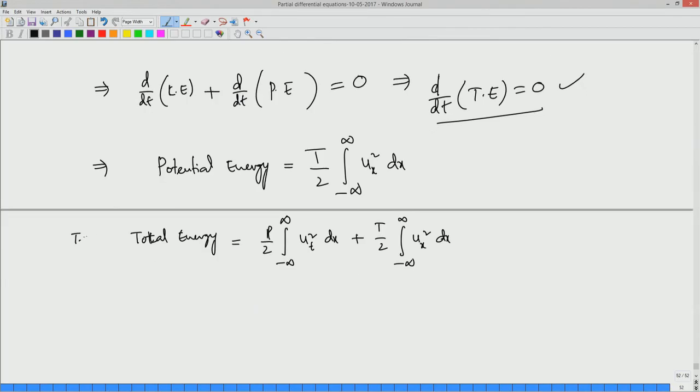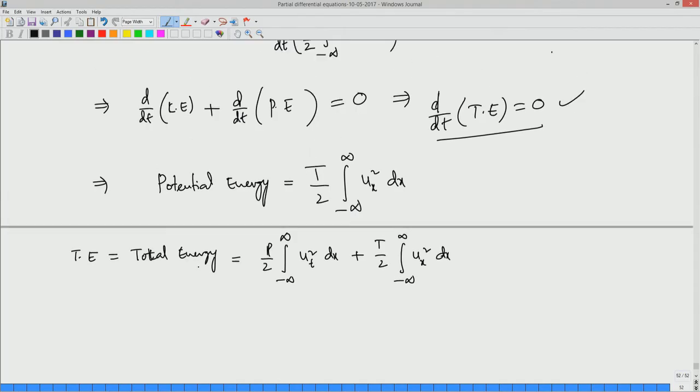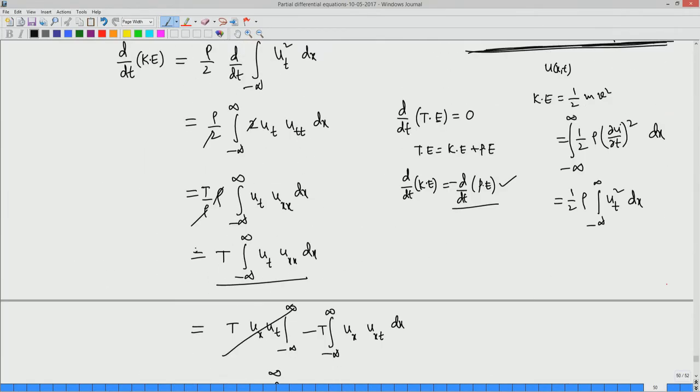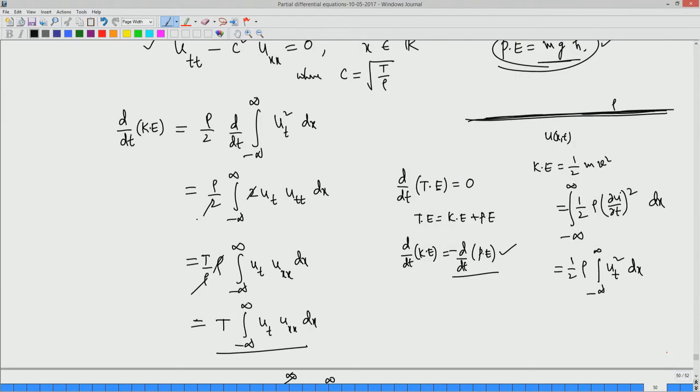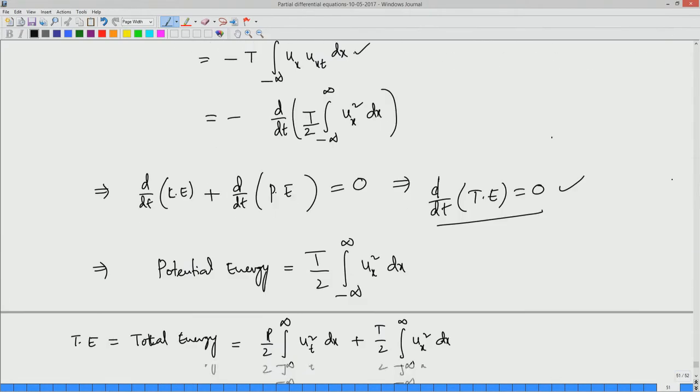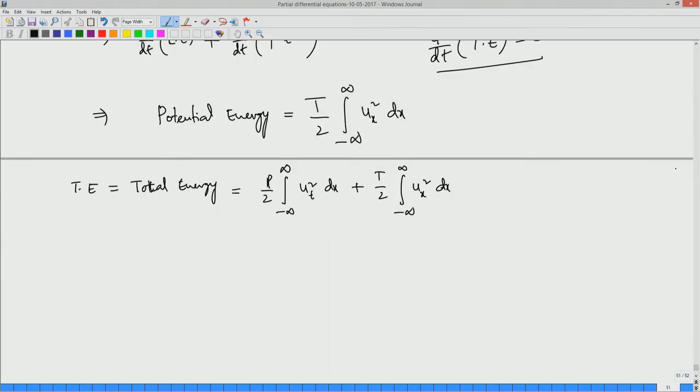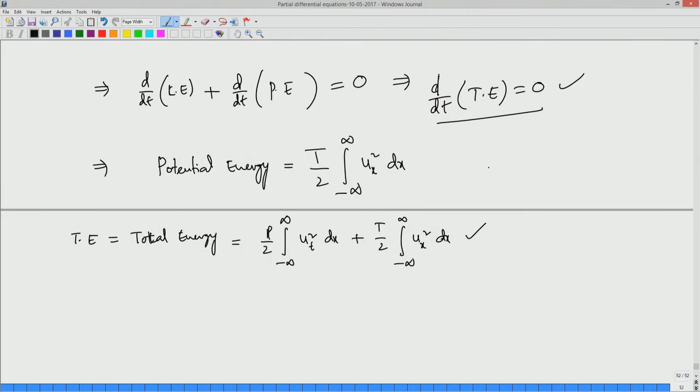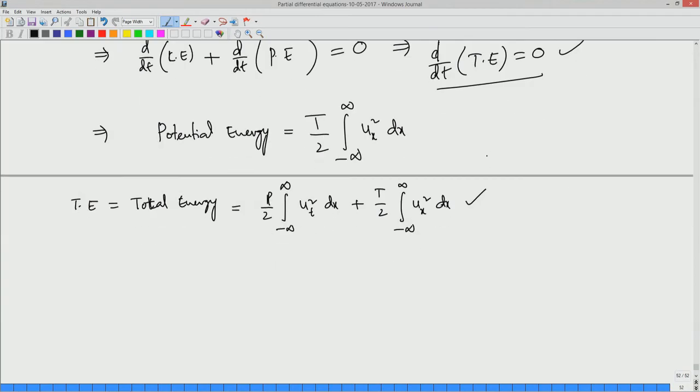You see that the total derivative of the total energy is 0. That is how you find that if your string of infinite length satisfies the wave equation, then the total energy of that string is conserved, whose time derivative is 0. This is what we find.